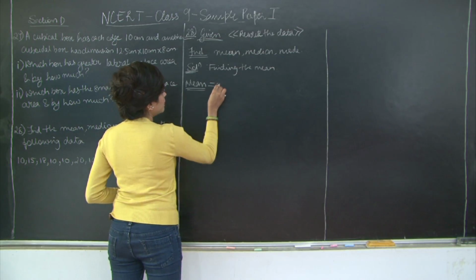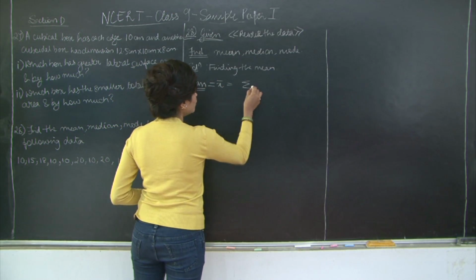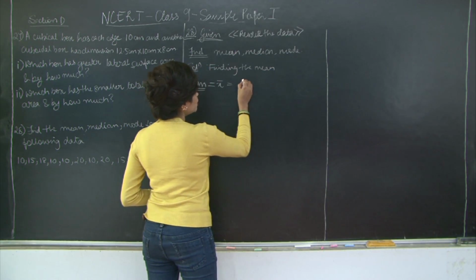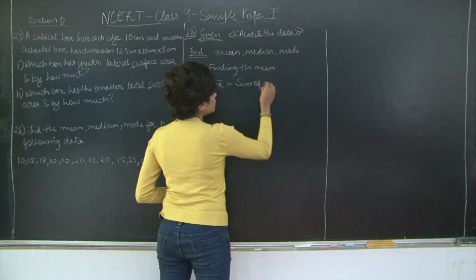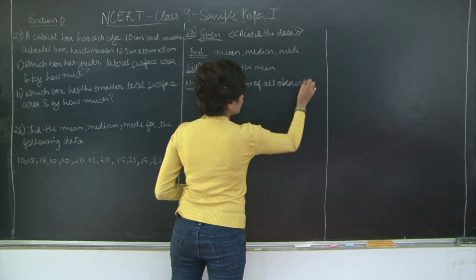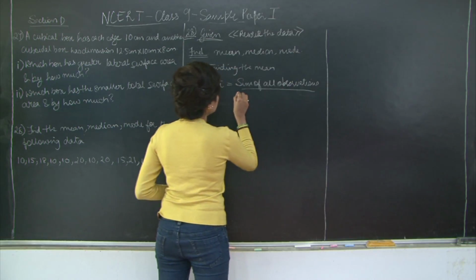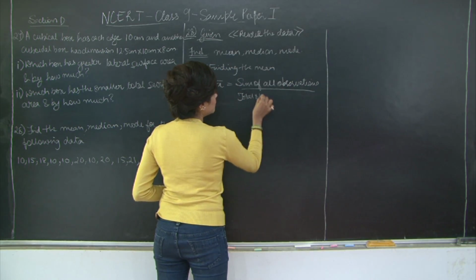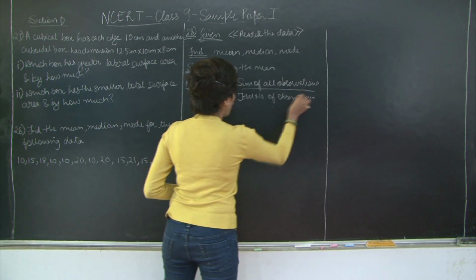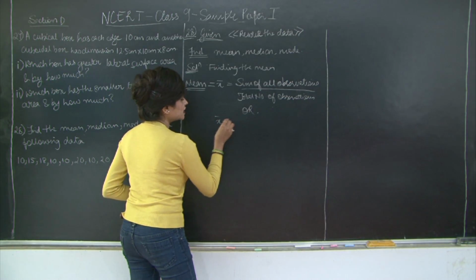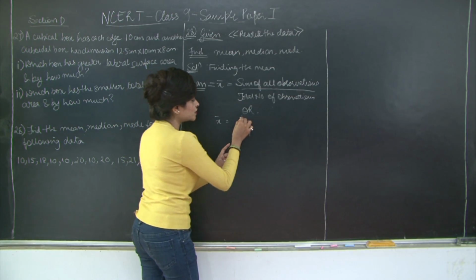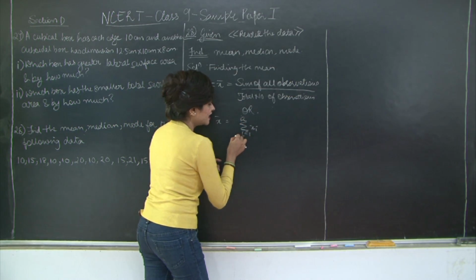We know that it is denoted by x bar. It is going to be summation of all observations upon total number of observations. Or you can even write x bar is equal to summation i is equal to 1 up to the total number of observations that you have, 12, of xi divided by n.